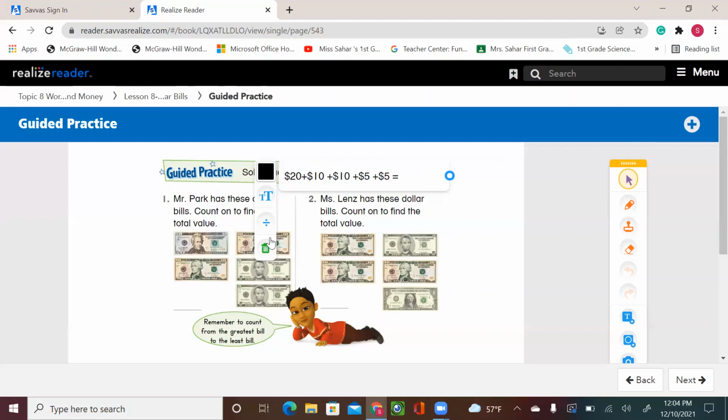And put equals. So 20 plus 10, 30. 30 plus 10, 40. 40 plus 5, 45. 45 plus 5, 50. So Mr. Mark has a total of $50.